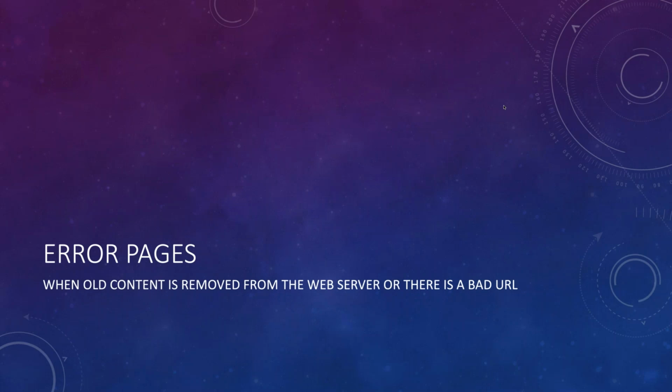That causes people to click on it, and then they get to your site, and because you've removed the content, it's no longer there, so they get an error message. But there could also be badly formed URLs out there, maybe somebody typed in a URL rather than copying and pasting it, and that also drives to your website but can't find the exact content because the URL is just incorrect.